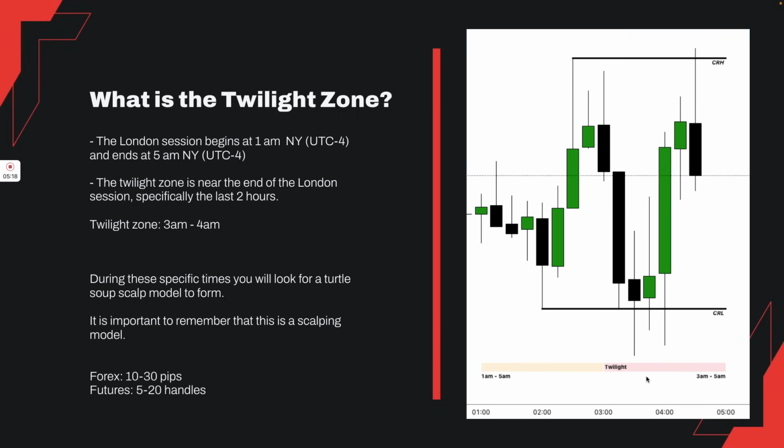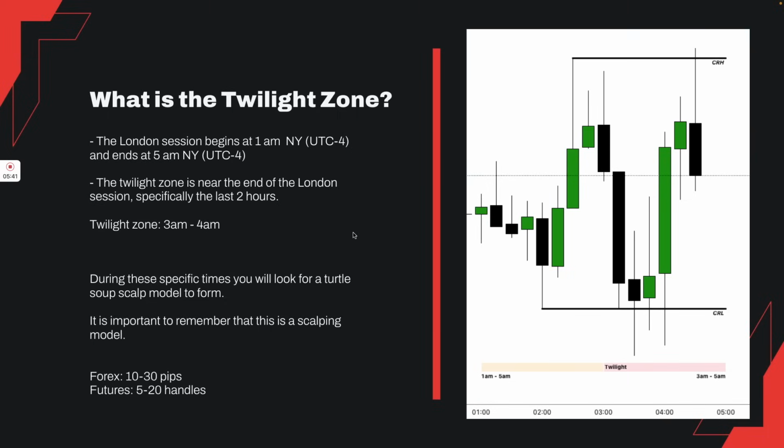Twilight zone depicted in red. And as you can see, we have a reversal within the twilight zone. This is exactly what we will be trying to catch. Not this move. During these specific times, you will look for a turtle soup scalp model to form.